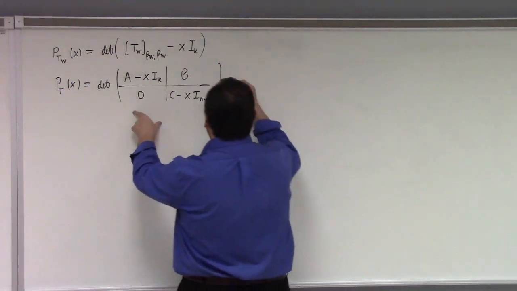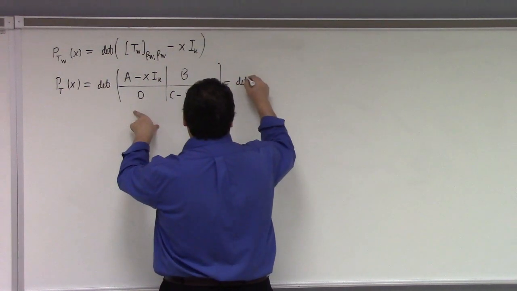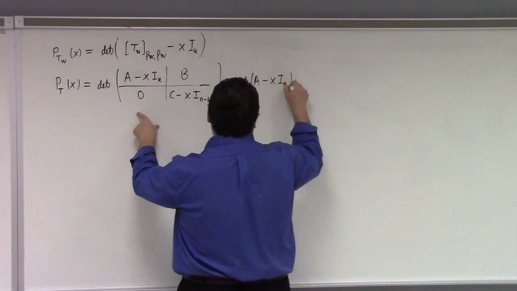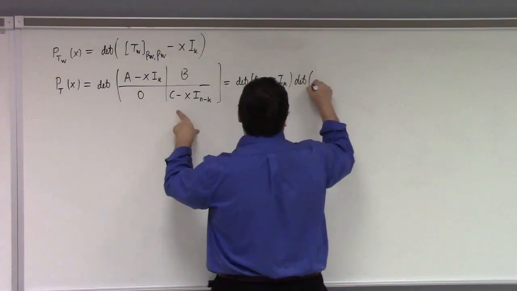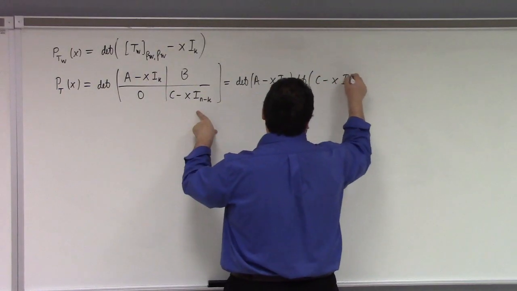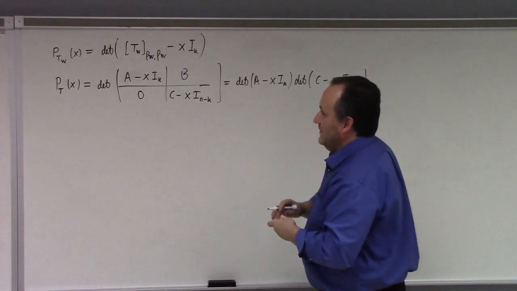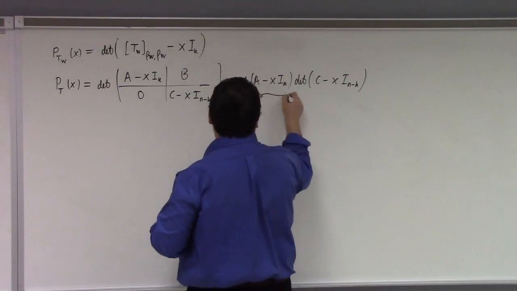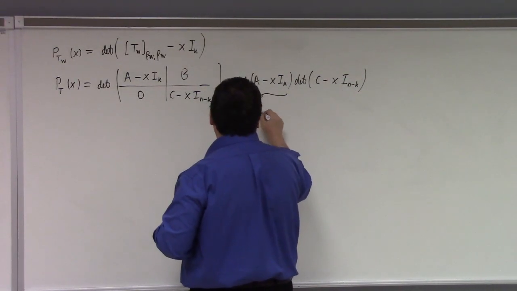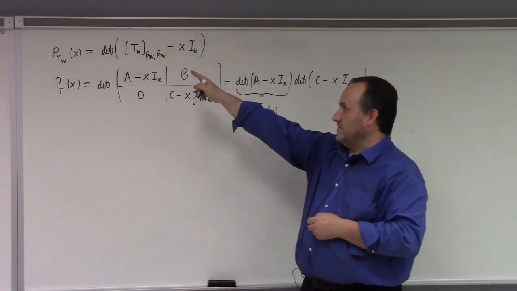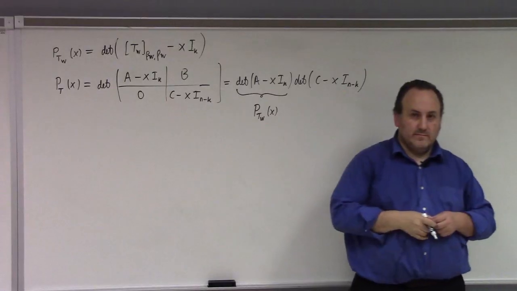But this is nothing more than the determinant of A minus X I_K times the determinant of C minus X times I_(N minus K), right? And this is straight up P sub T_W of X, because that is A, right?